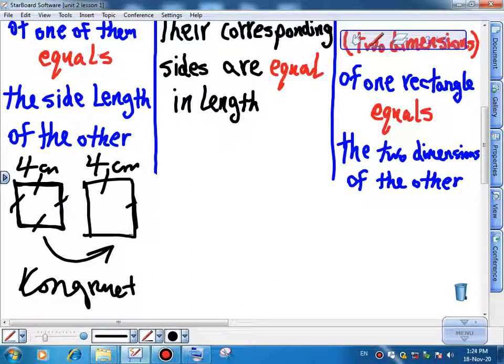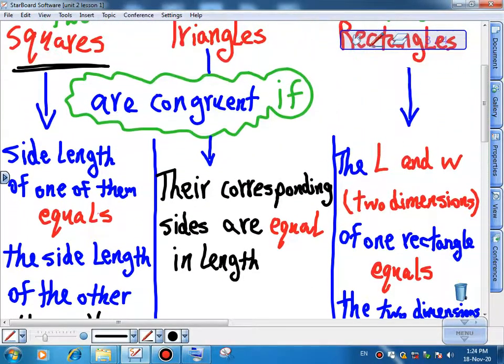I know the angles of any square are right angles equal to 90 degrees. I only need one side length. If one side is equal to the side of another square, it will be a congruent polygon.